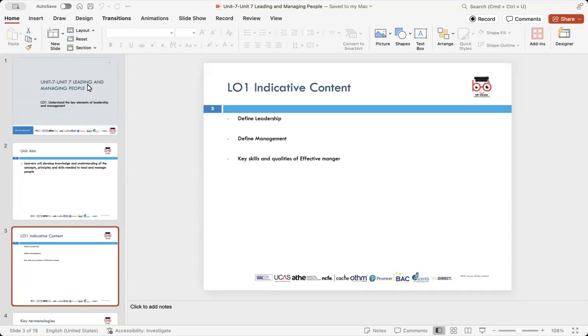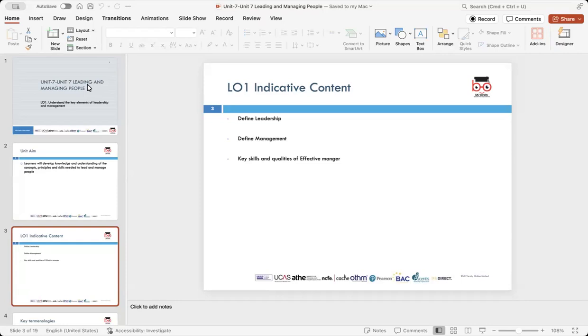We will begin by understanding the meaning of leadership and how it involves guiding and inspiring individuals or teams towards achieving common goals. We will then define management as the process of planning, organizing, leading, and controlling resources to achieve specific objectives efficiently.